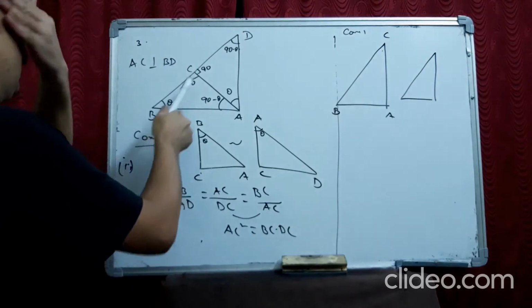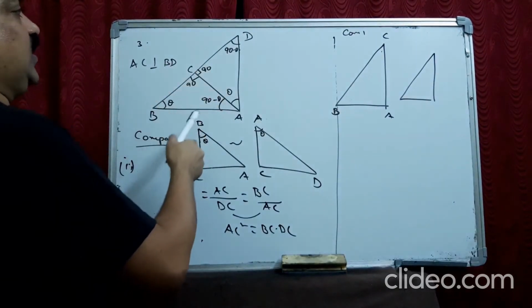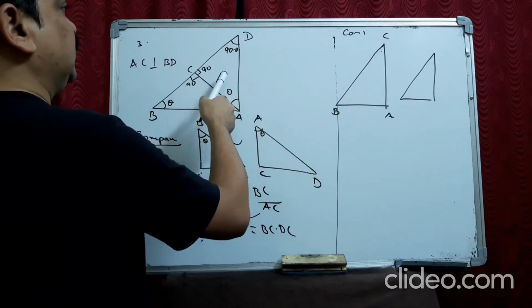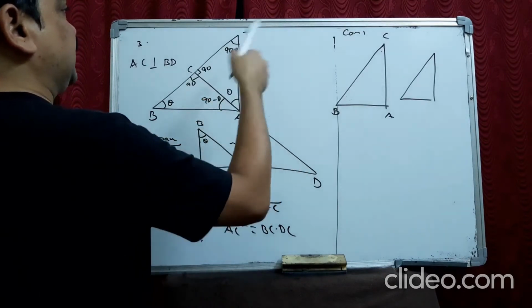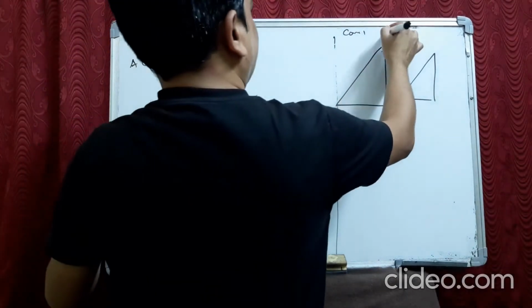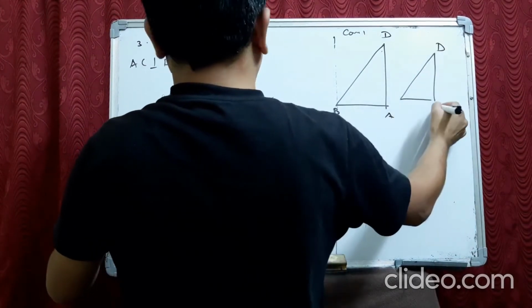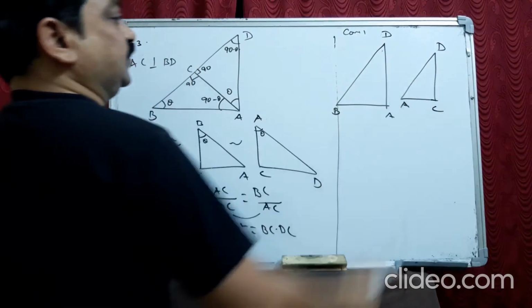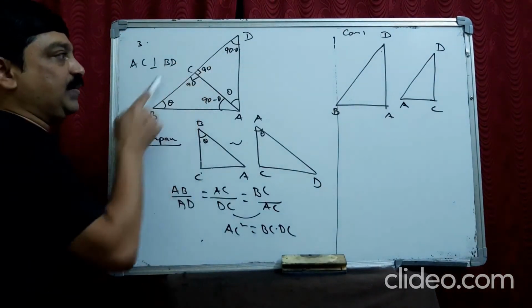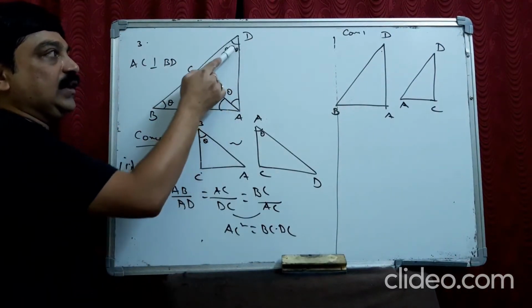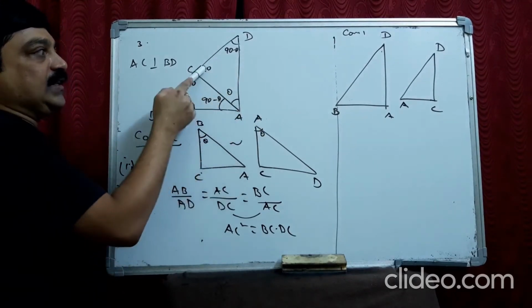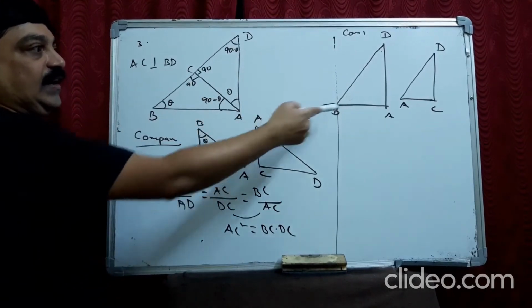If I take this small triangle, the upper one, what is common in this upper one and ABC? So this is D. This will be D here, and right angle is at C, ACD. See, when I take the bigger triangle and this smaller triangle, this is common, so I took top on the top for D, and right angle is at C here, and here it is at A, right angle.